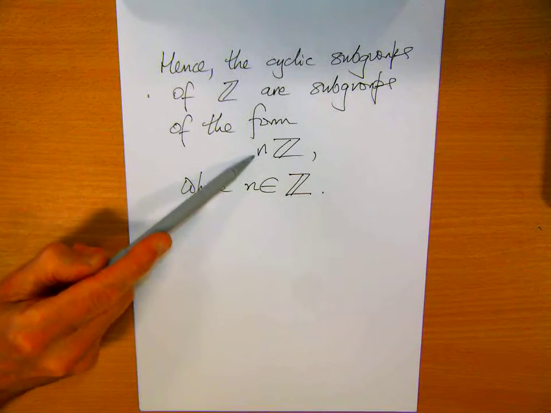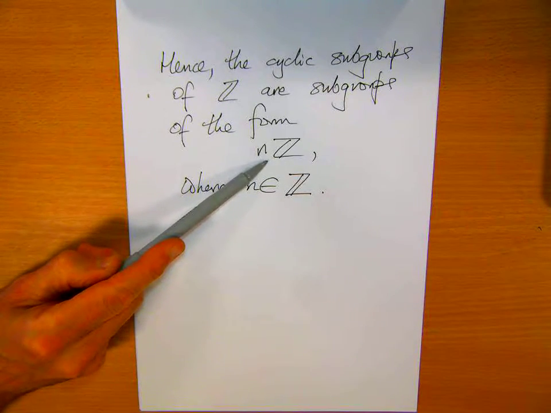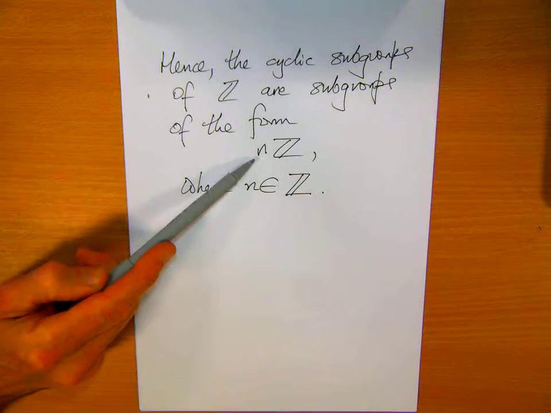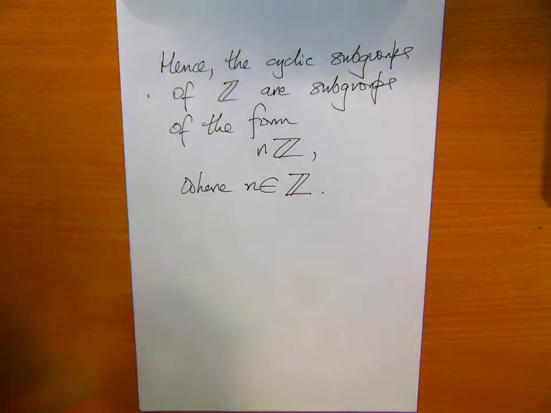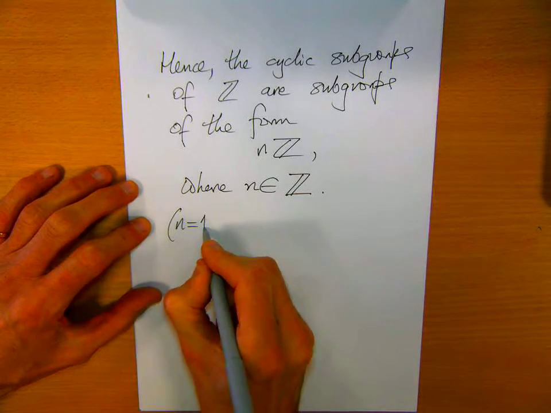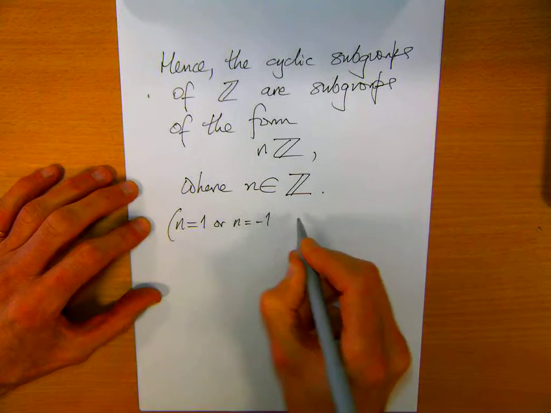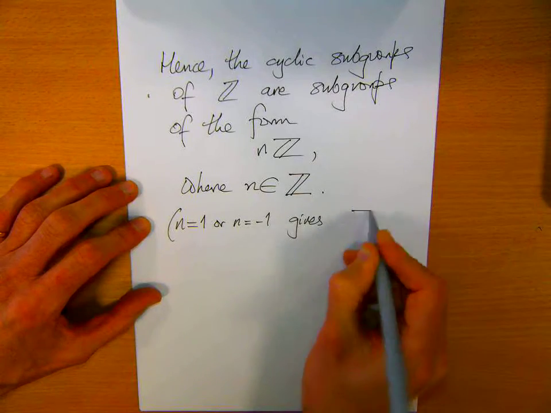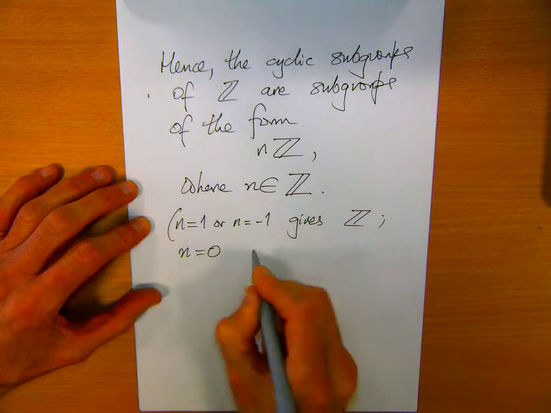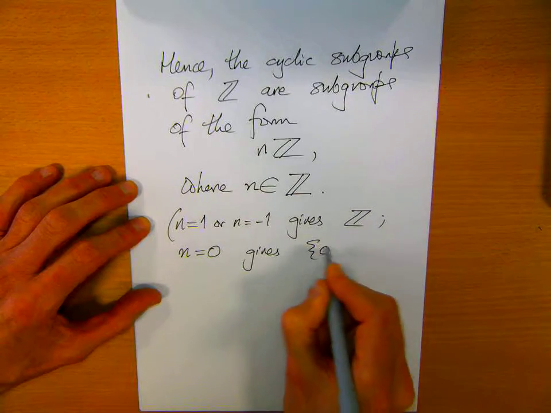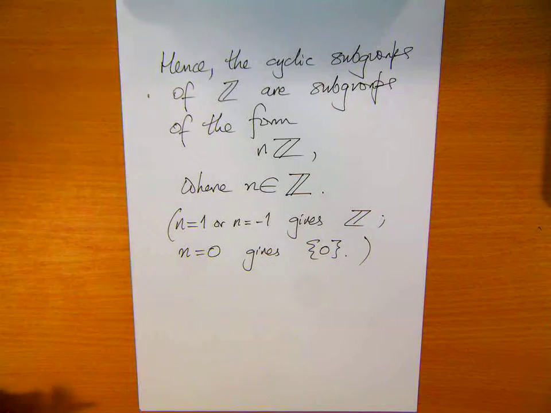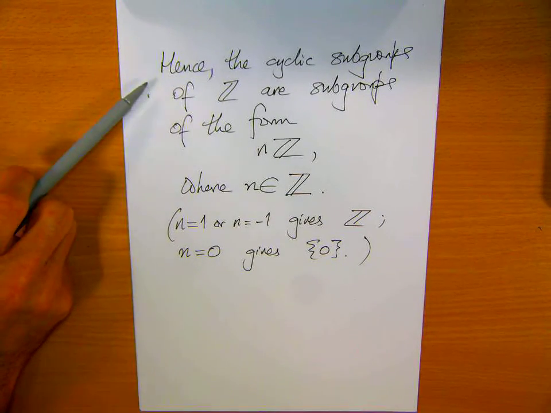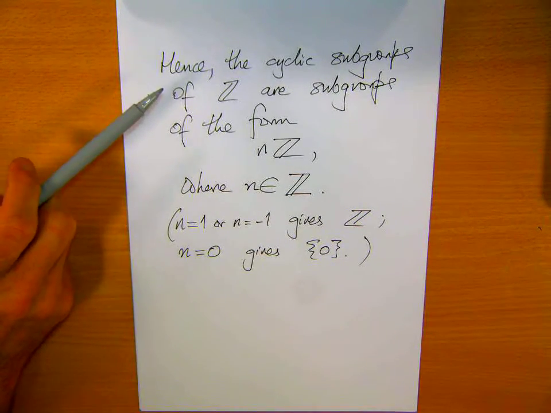By the way, if we take n equals 1 or -1, we just get Z back. And if we took n equals 0, we'd get all multiples of 0, which isn't very big. That just consists of the integer 0, which is a trivial subgroup. So n equals 1 or n equals -1 gives Z, and n equals 0 gives the trivial subgroup.